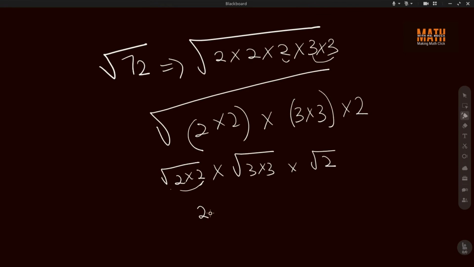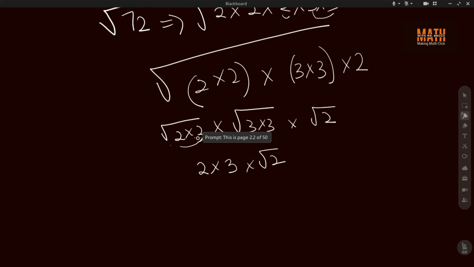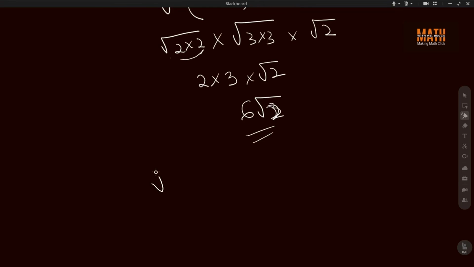So this will become 2 times root 3 times 3, which gives 3, and then times root 2. So now 2 times 3 is 6, and this gives 6 root 2. So the surd form of root 72 is equal to 6 root 2.